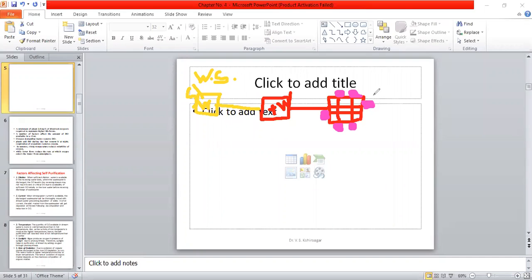Now it's time to collect the entire wastewater from the various end users, and that collected wastewater we are going to treat in a wastewater treatment plant. Here I am talking about the wastewater treatment plant. This is not the water treatment plant; this is the wastewater treatment plant.